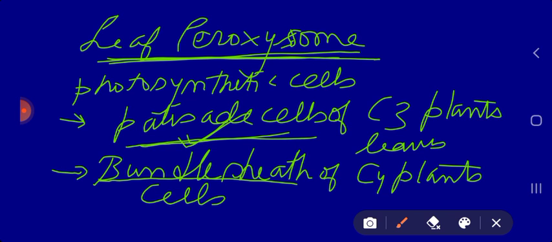It is, what can I say, a layer of compactly arranged parenchyma which surrounds the vasculature, and it conducts between the vasculature and your mesophyll cells. It conducts the flow of water from xylem to the mesophyll cells, and then to the intercellular spaces.